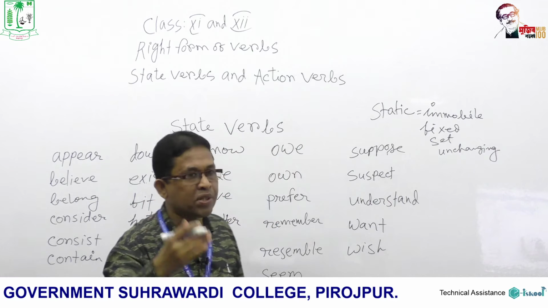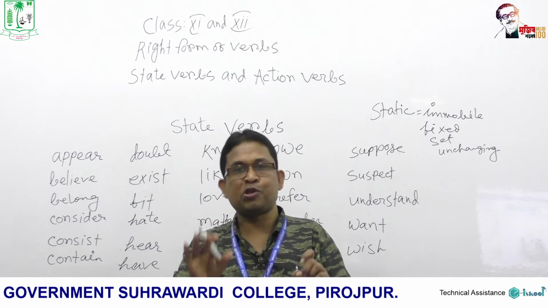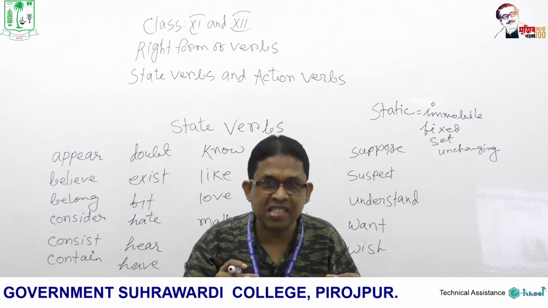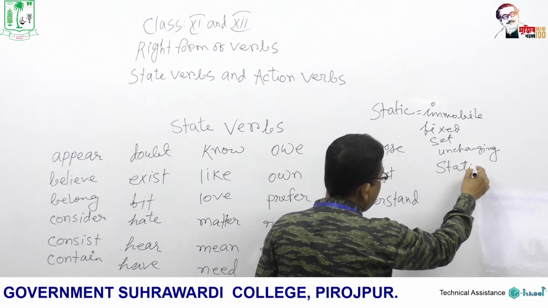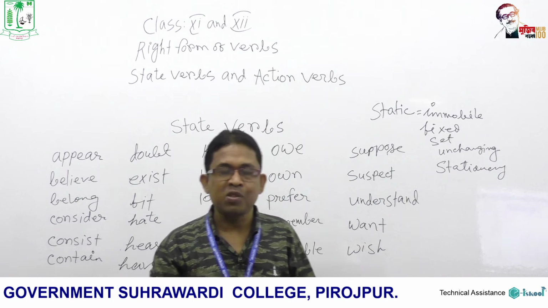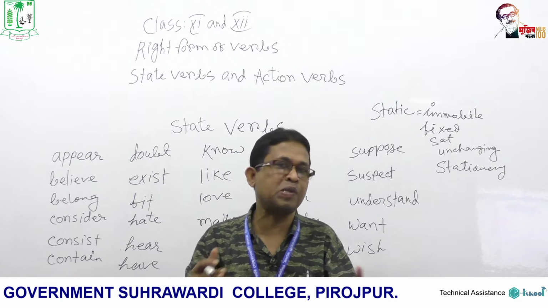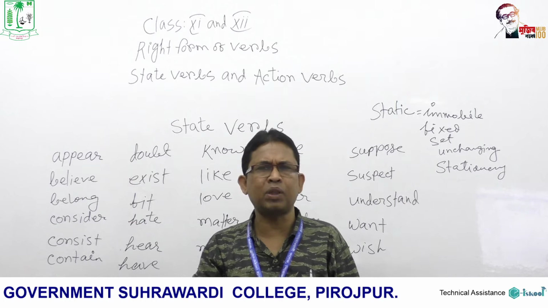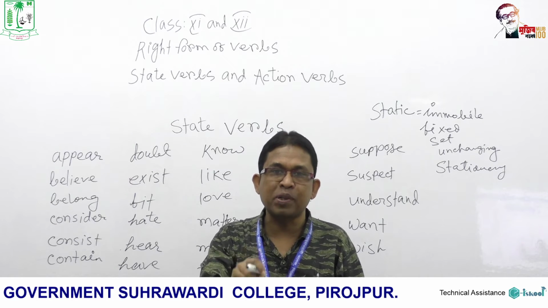So static means the thing which has the tendency not to be changed, that is fixed, that is set, that is stationary. S-T-A-T-I-O-N, fixed, stationary. So state verbs are those verbs which denote or express something which has the tendency to be stationary, not to be changed, or to be set.